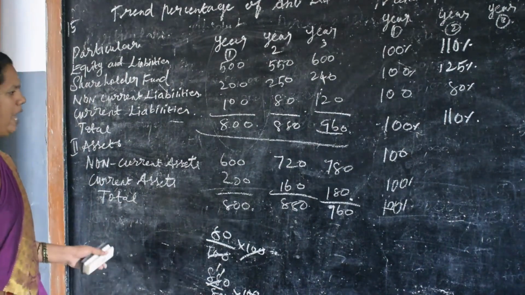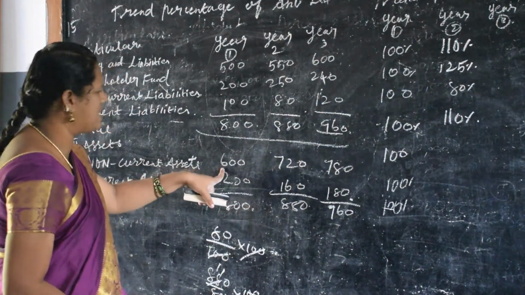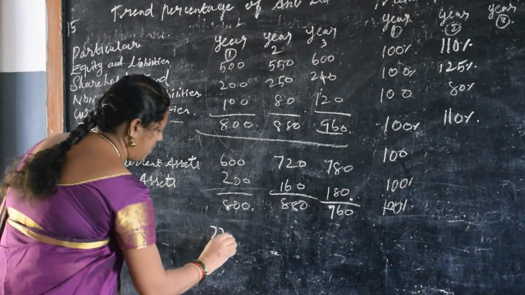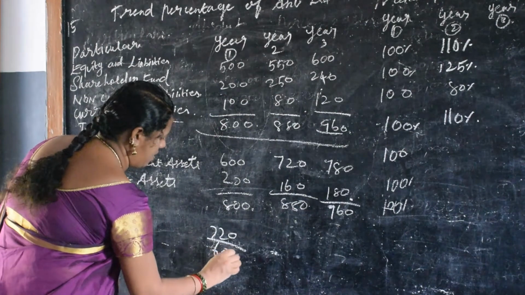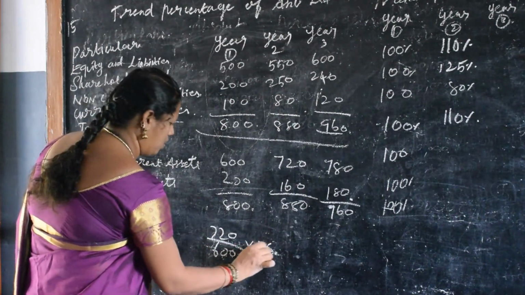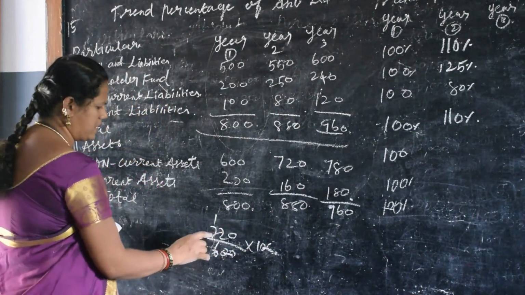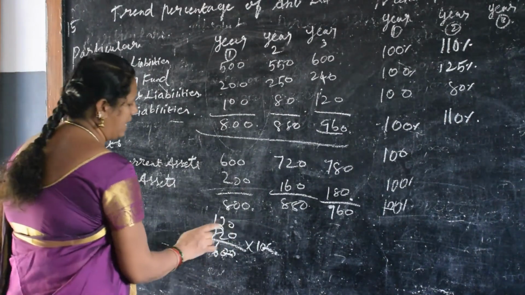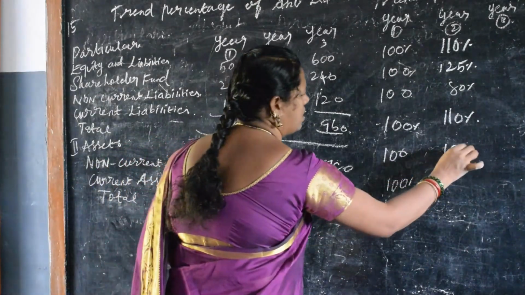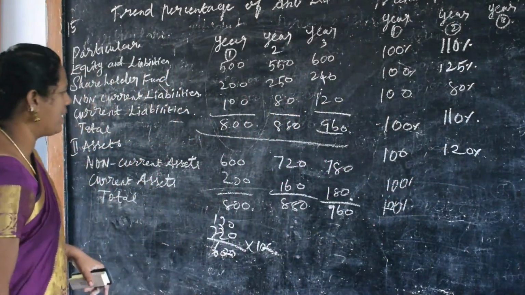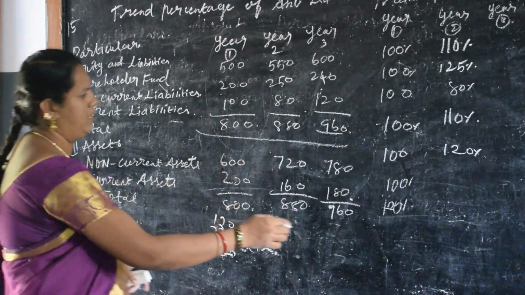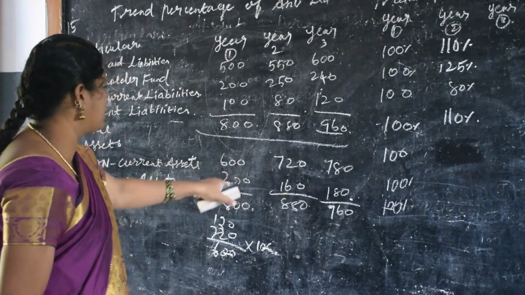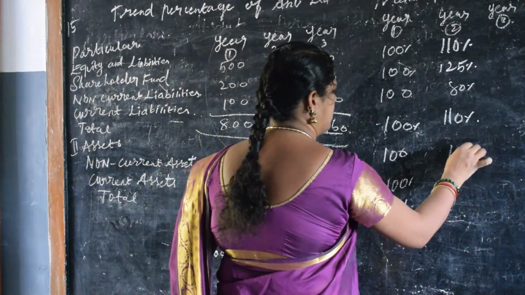Okay, next moving on to 720 by 600 into 100. Two zeros cancel. 12 into 6 is 72, so that is 120 percentage.